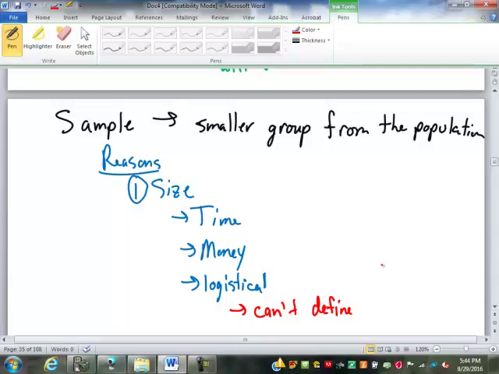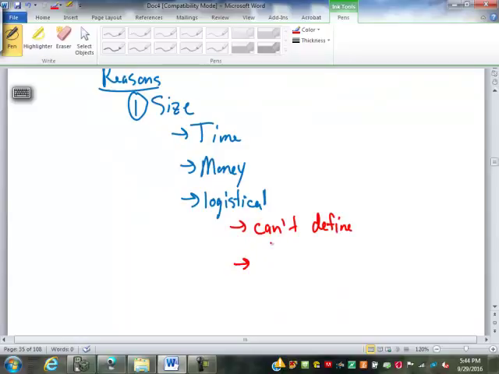Second is, this is another one that's more difficult to word, changes over time. Because the population is so large, to be accurate, to be valid data, I have to gather that information in a small enough period of time that it's all done under the same conditions. Well, what do I mean?